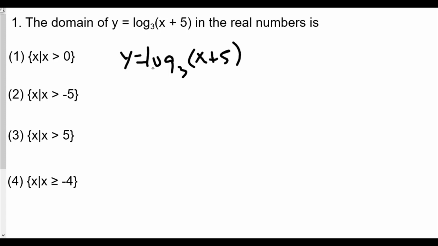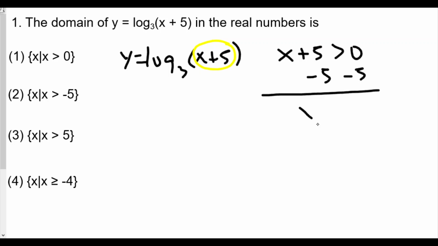So that would mean this part here that goes inside has to be greater than 0. So we solve this inequality by subtracting 5 from both sides. So our domain will be all values of x such that x is greater than negative 5, and that means we'll have choice number 2.